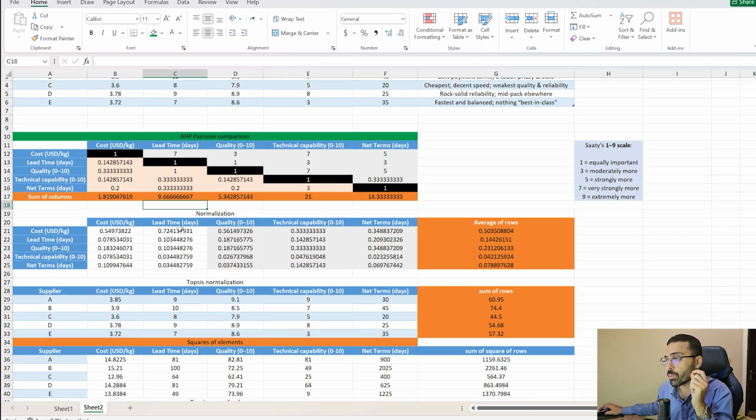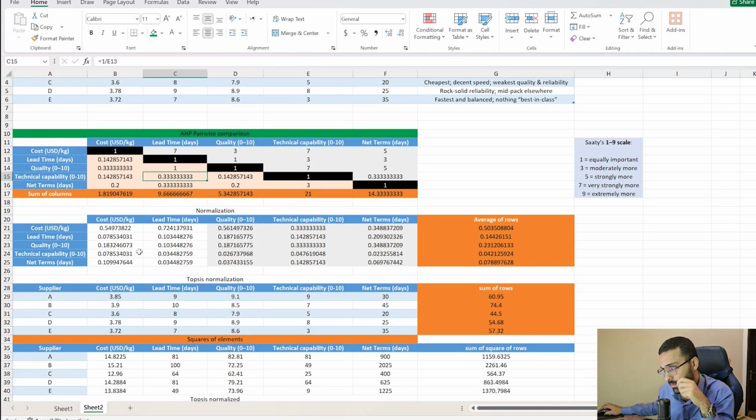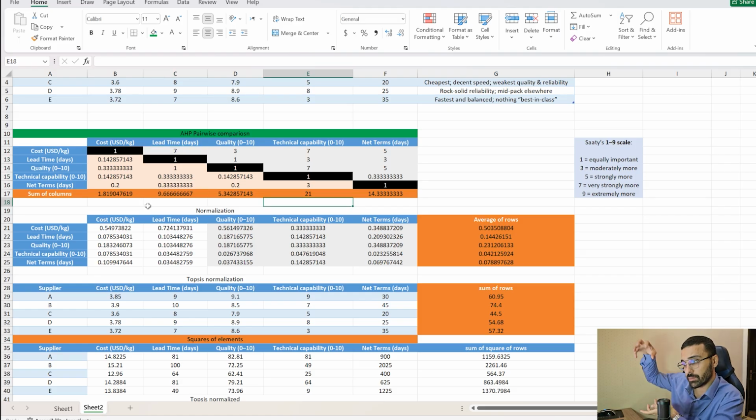Now we have to normalize each of these elements into our normalized AHP matrix. For the normalization, first we sum up each column's values. For example, you can see here that this is the sum of the first column, this is the sum of the second column, and so on. Now that we have the sum of each column, we divide each element by that sum to obtain the normalized values here.